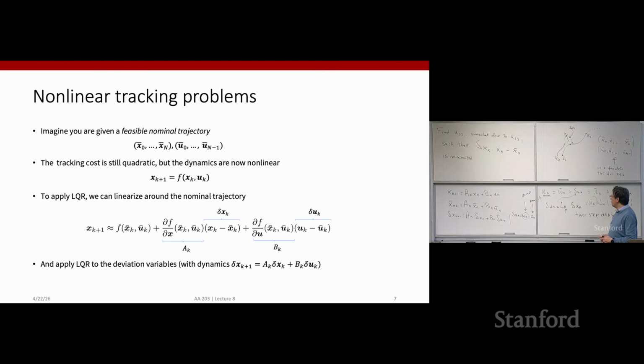On the other hand, though, now the dynamics are no longer linear. So we have that your system dynamics obey x_{k+1} equals f of x_k, u_k, and then you have that your nominal trajectory, which has to be a feasible trajectory, satisfies x bar_{k+1} equals f of x bar_k, u bar_k.